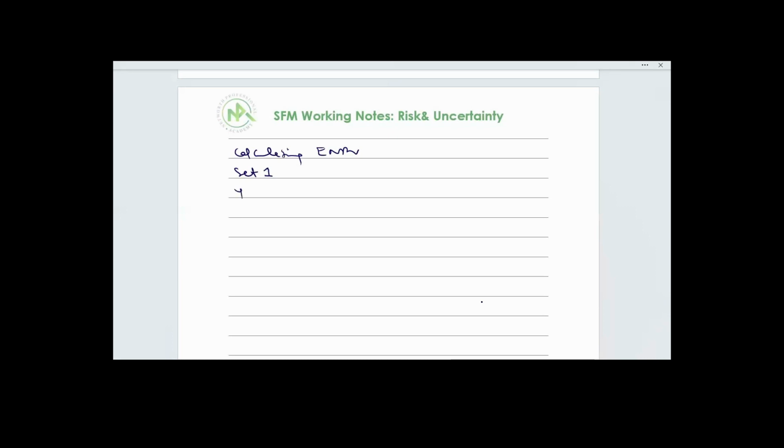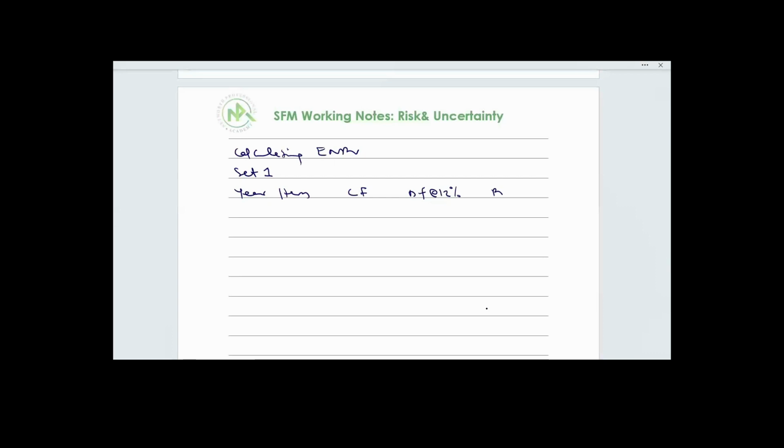So create columns for year, item, cash flow, discount factor at 12%. Let me confirm it. What's the cost of capital given? Yes, 12%.